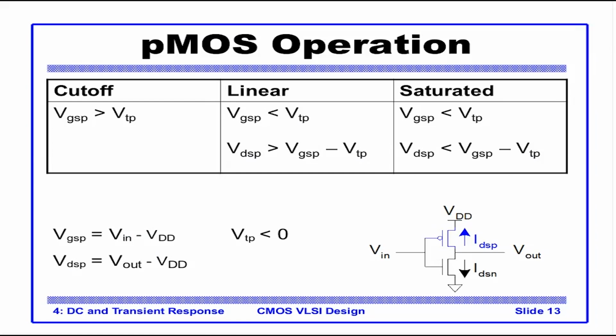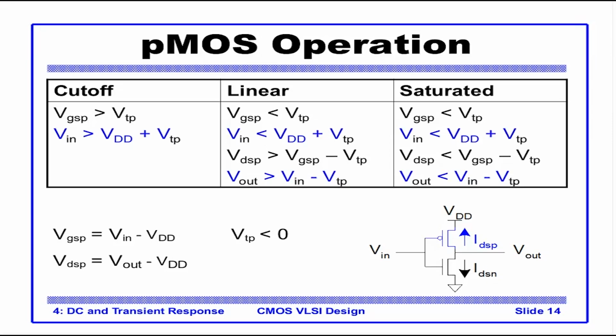This is just to make sure that the voltage values remain positive. So we have converted the VDSP to be Vout minus VDD and VGSP to be Vin minus VDD, since the threshold voltage of PMOS is negative. So these are the equations that are converted here.